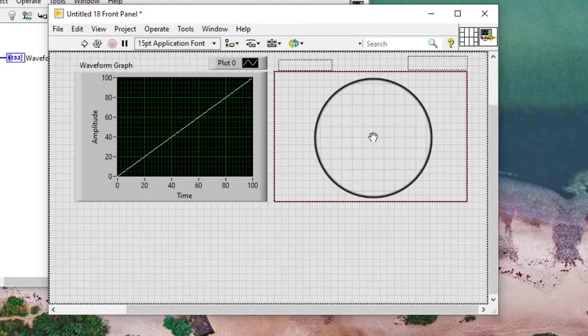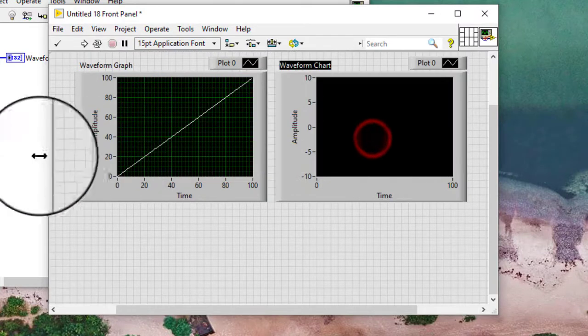We can use charts when we want to collect and display the data simultaneously.